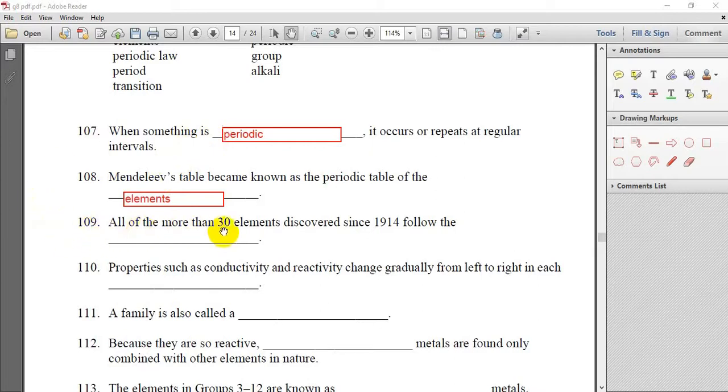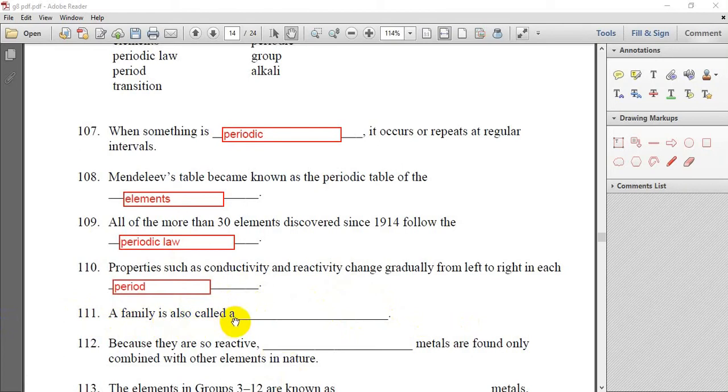Question 109: all of the more than 3 elements discovered since 1914 follow the periodic law. Question 110: properties such as conductivity and reactivity change gradually from left to right within a period. As you remember, in each period the properties change from left to right gradually.